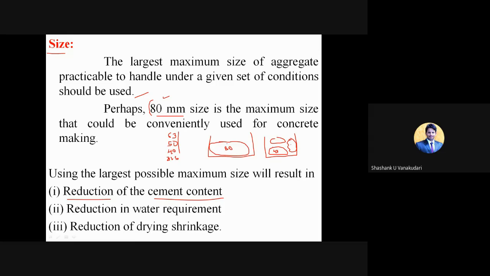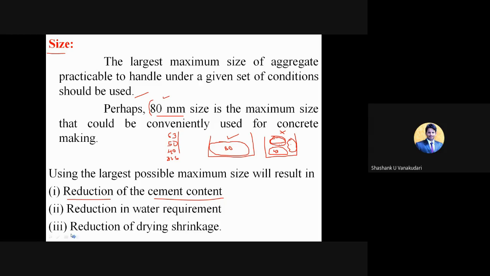So that time the surface area has to be covered with various other ingredients like fine aggregate as well as the cement. So when you have used a large size of the aggregate, the consumption of these ingredients like cement as well as the fine aggregate will be less compared to the smaller size.